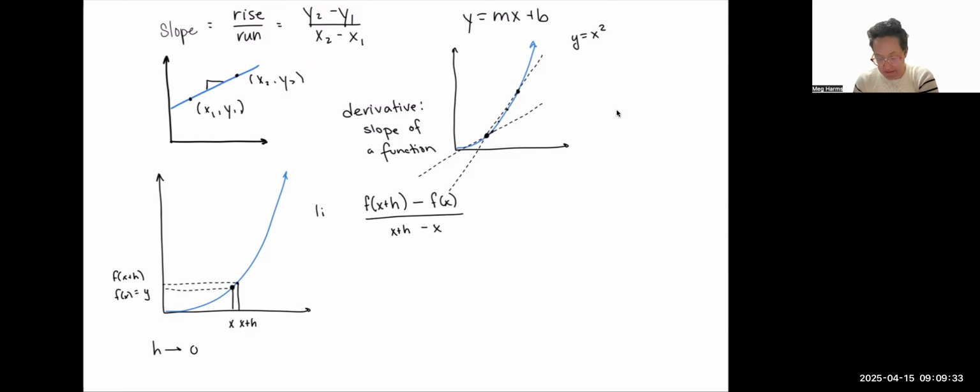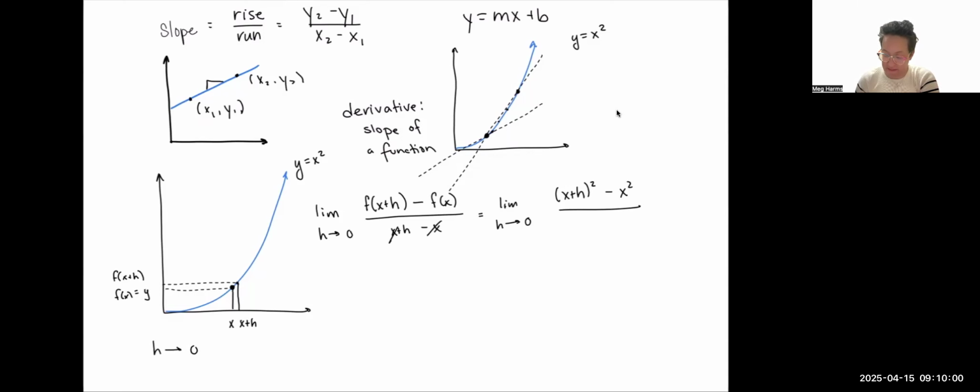And what we're wanting is the limit of that as h approaches 0. Okay, let's go ahead and substitute in, since we know that this function is y equals x squared. Up top, we're going to have x plus h quantity squared minus x squared over, and you'll see what happens.